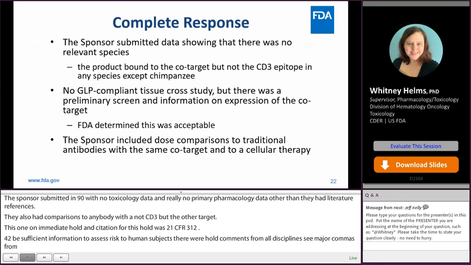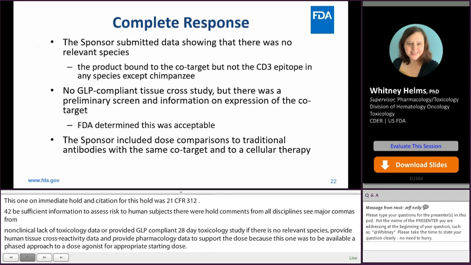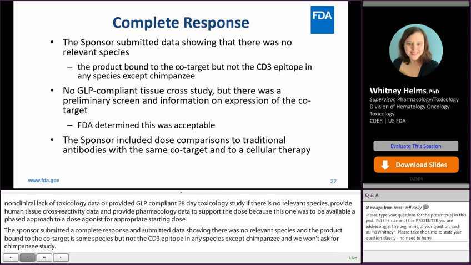So the sponsor submitted a complete response. They submitted data showing that there was no relevant species. The product bound to the co-target in some species, but not to the CD3 epitope in any species except chimpanzee, and we're not going to ask for a chimpanzee study. There was no GLP-compliant tissue cross-reactivity study, but they did do a preliminary screen, and there was information on expression of the co-target that they provided, and FDA determined that this was acceptable.